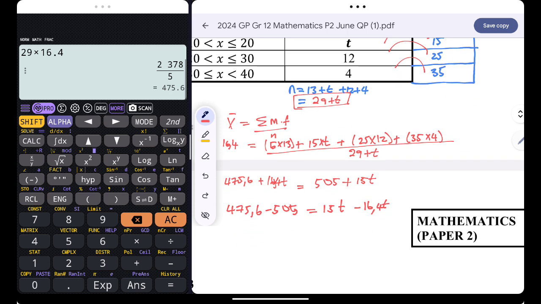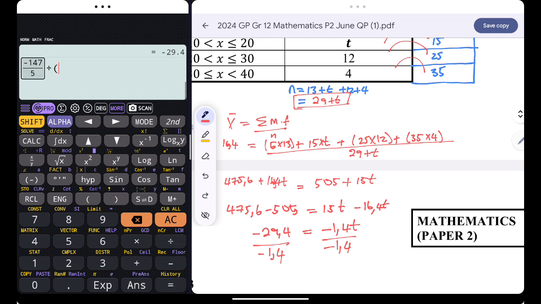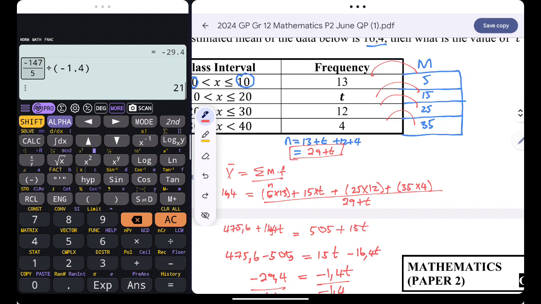Are you together? So 475.6 minus 505 gives me negative 29.4, which is equal to negative 1.4t. If I divide both sides by negative 1.4, this will give me the value of t to be equal to 21. So t is just equal to 21.